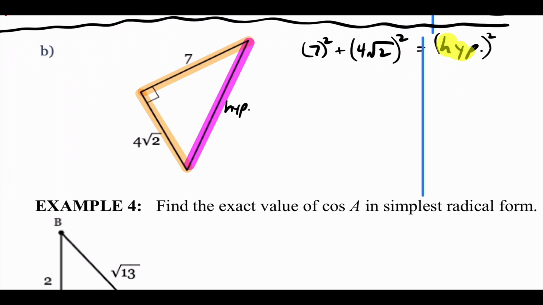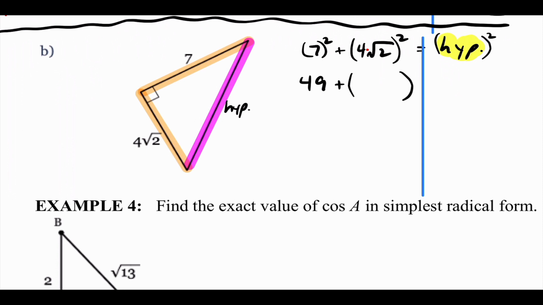This is what I get to get by itself. So 7 squared is 49. There are two things being multiplied together inside the parentheses, a 4 and a square root of 2. Well, they each get a squared.